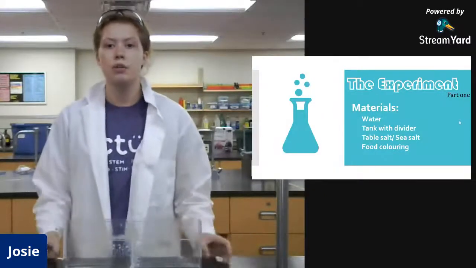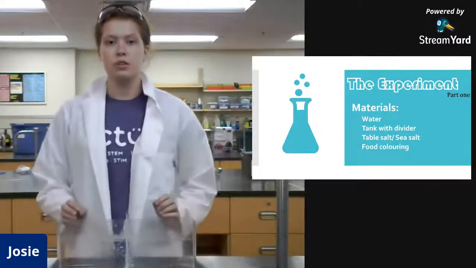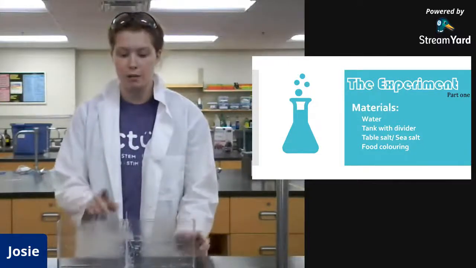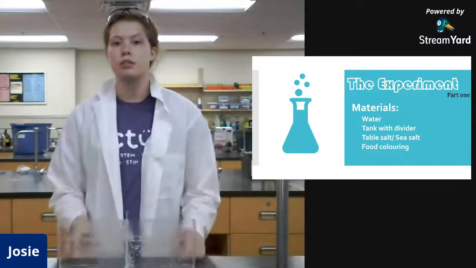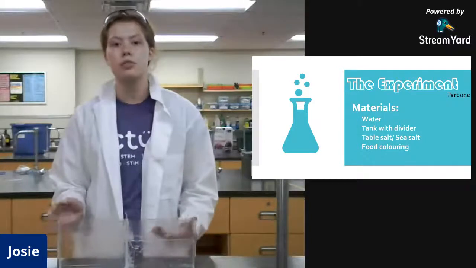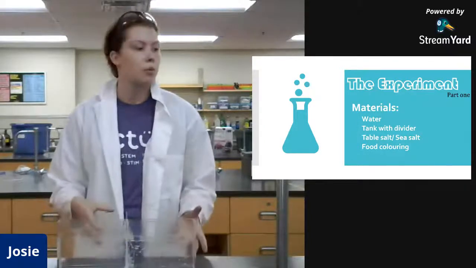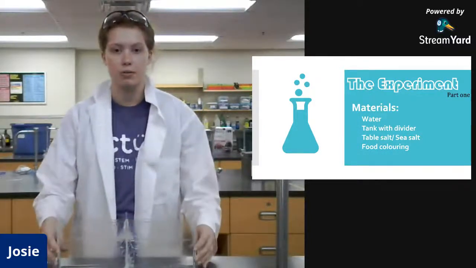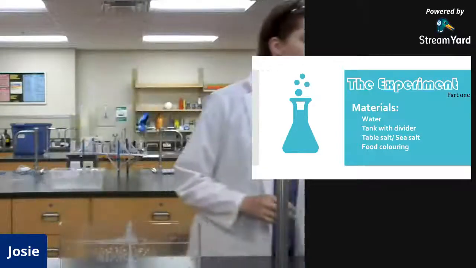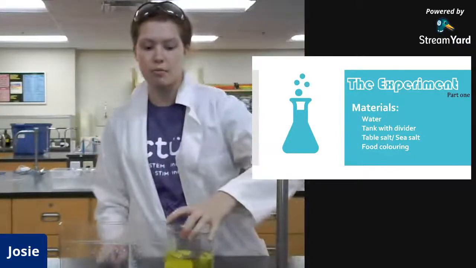So let's get started with our first experiment. For this experiment, I'm using this tank with the divider. I'm going to be using some water, some table salt or sea salt, and then I have the water dyed so you can see how the experiment goes through. So I'm just going to take some pre-dyed water.